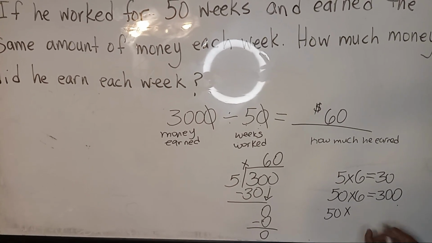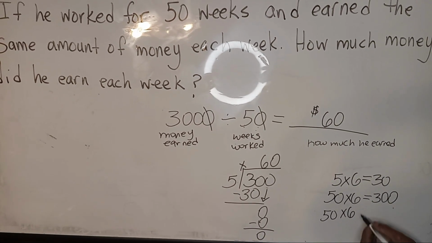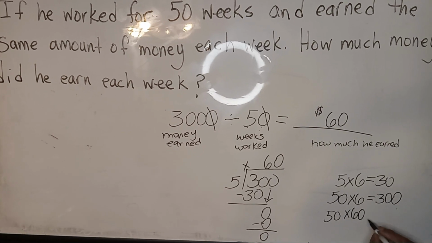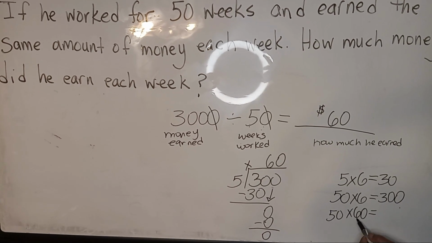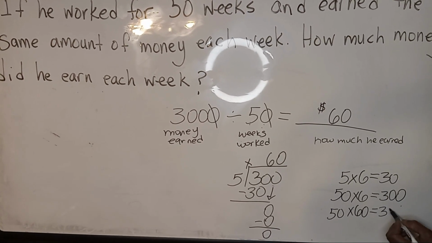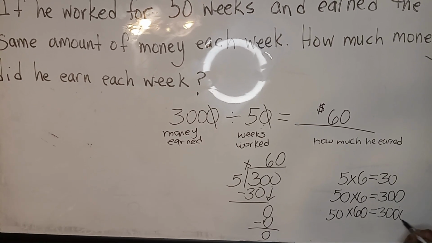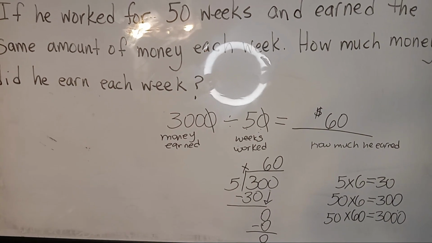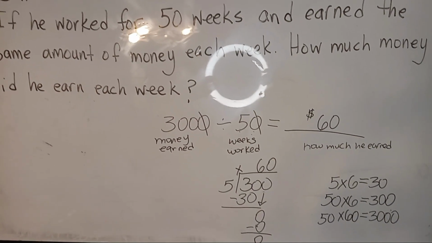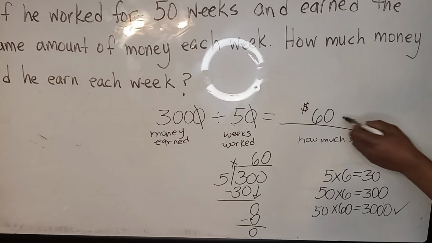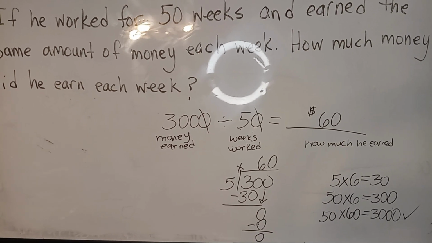And instead of multiplying by just 6, we're going to add that other 0. Now we're going to multiply 6 and 5 is our 30. We have 1 0 here. We have 1 0 there. And that gets us to our 3,000. And that's also your check to let you know that $60 is what he made.